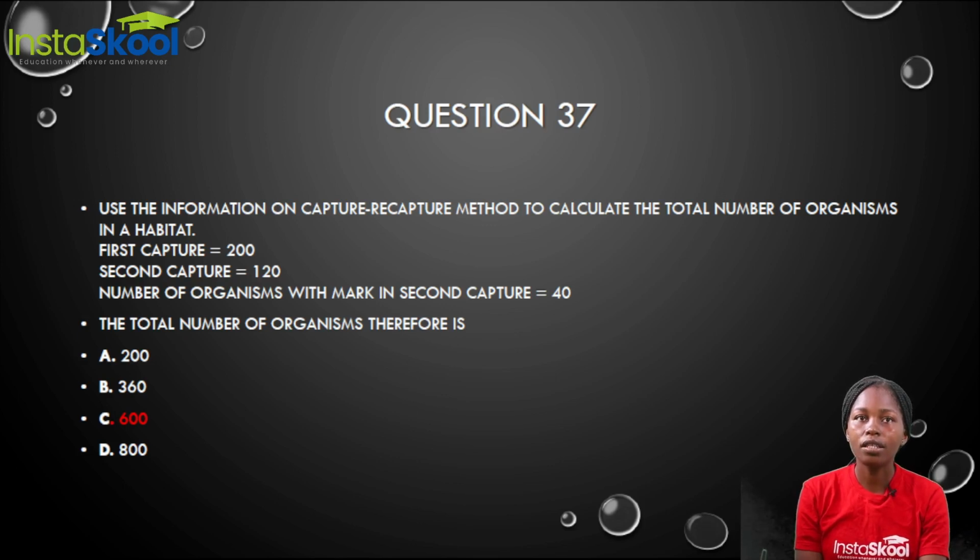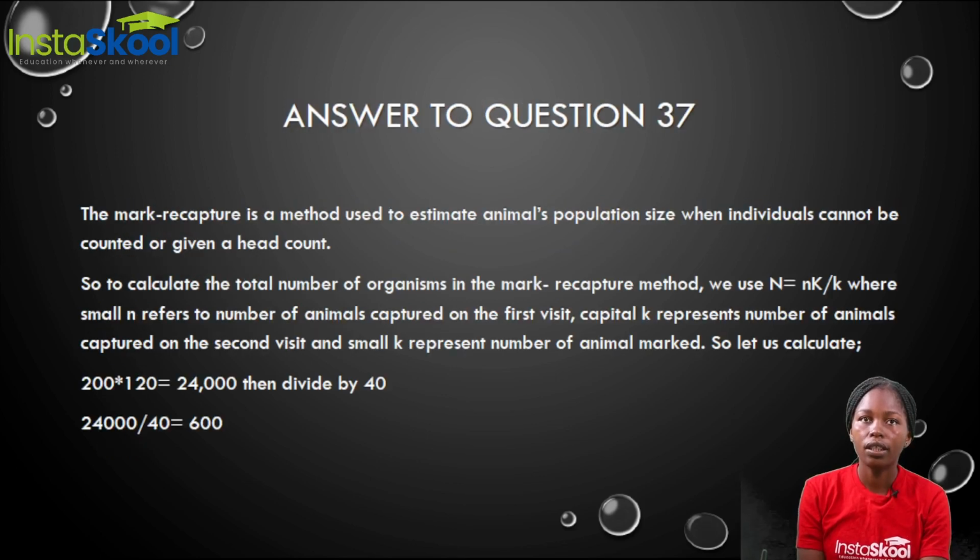So we are asked to calculate the total number of organisms. Now, if we want to calculate the total number of organisms, we say capital N is equal to small n multiplied by capital K divided by small k.